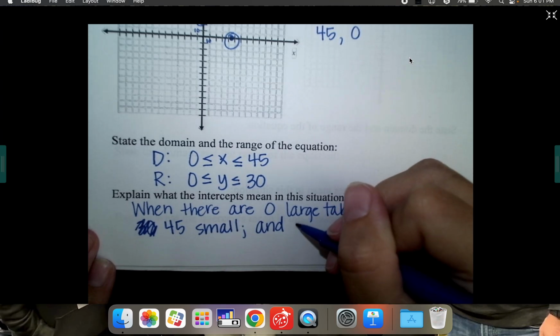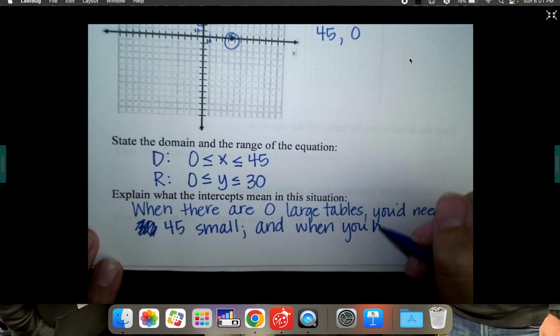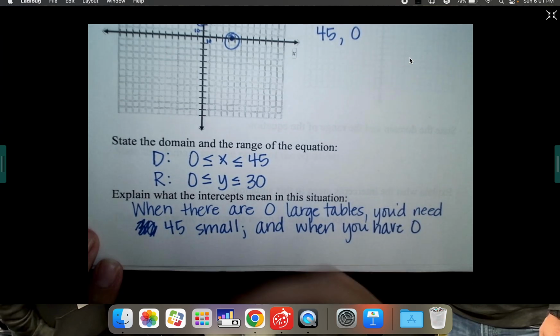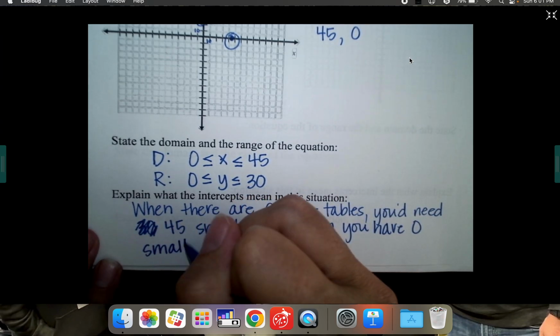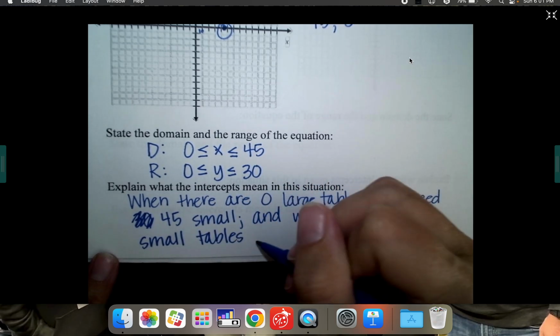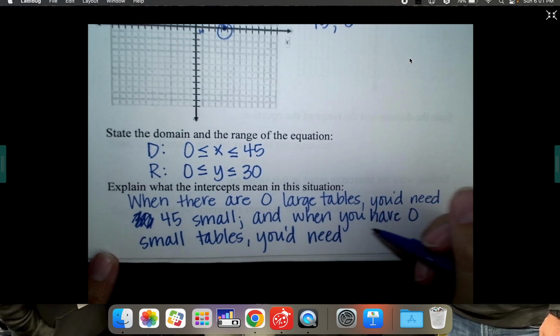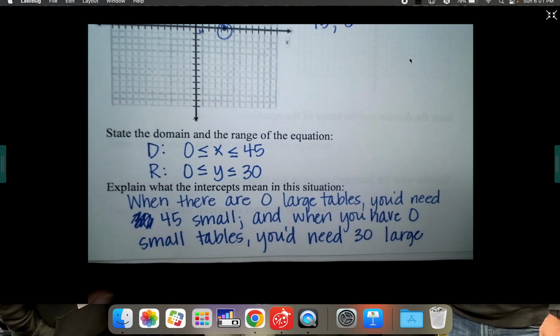And when you have 0 small tables, if I'm writing too fast, you guys can go back, you'd need 30 large. Okay, so that's why intercepts are important.